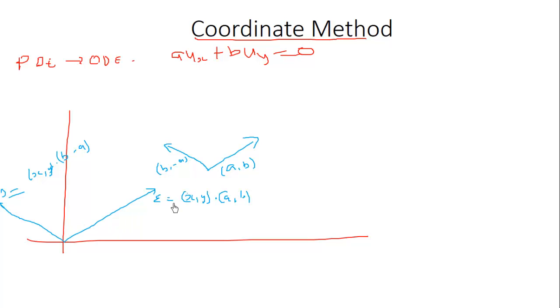Now we need to form a PDE in our new variables. So we are going to have our u being a function of zeta and eta, then eta being a function of x and y.